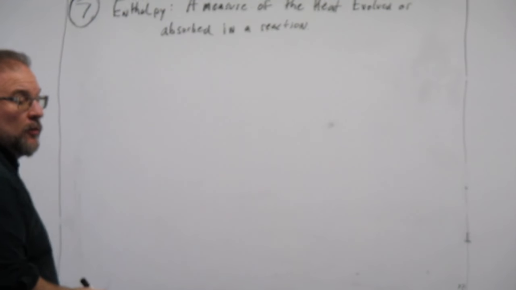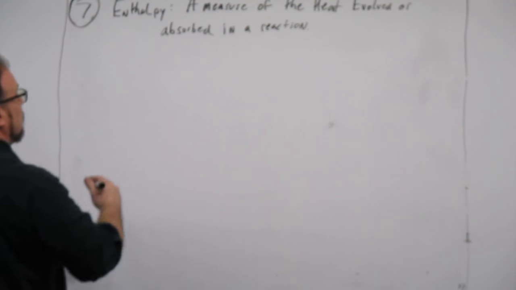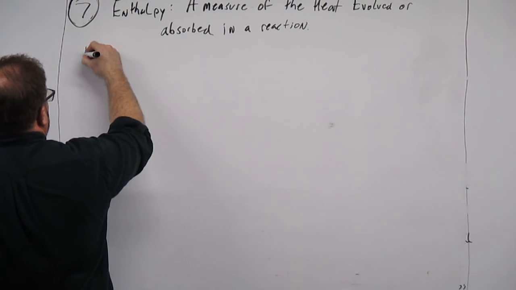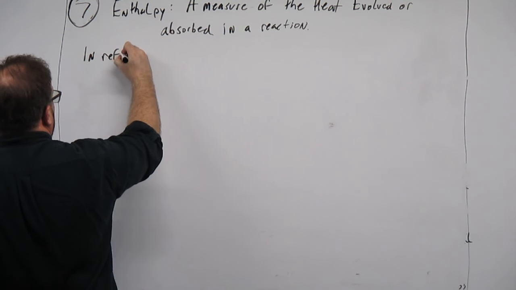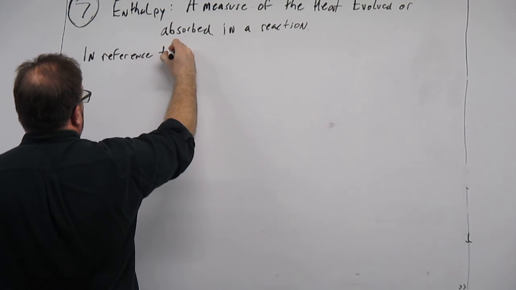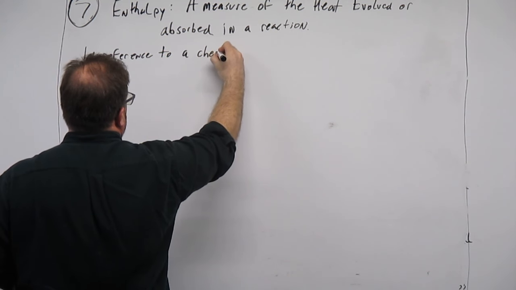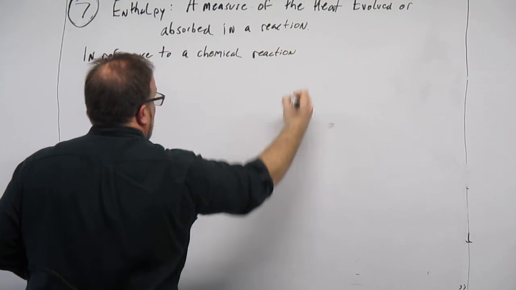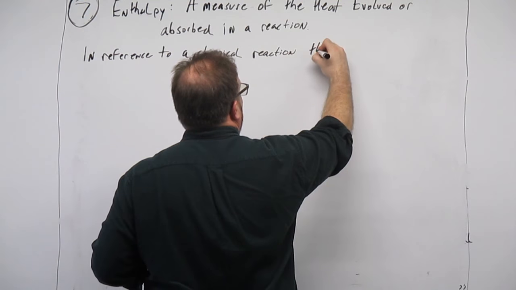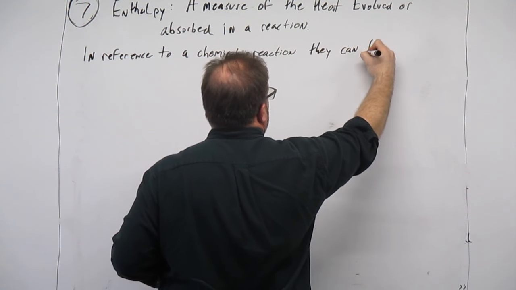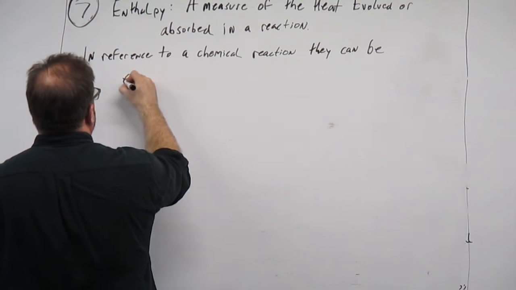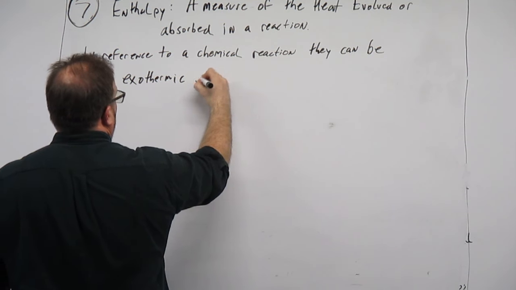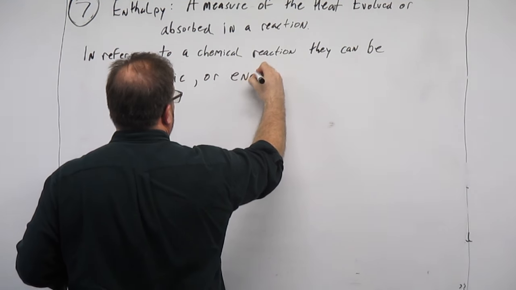Now, chemical equations can be classified as two different things when we're talking about heat. In reference to a chemical reaction, they can be exothermic or endothermic.